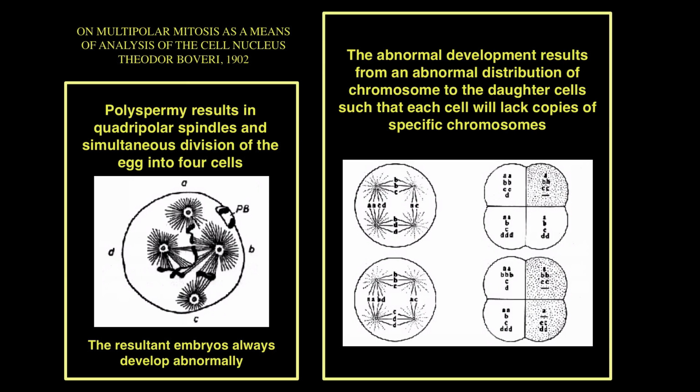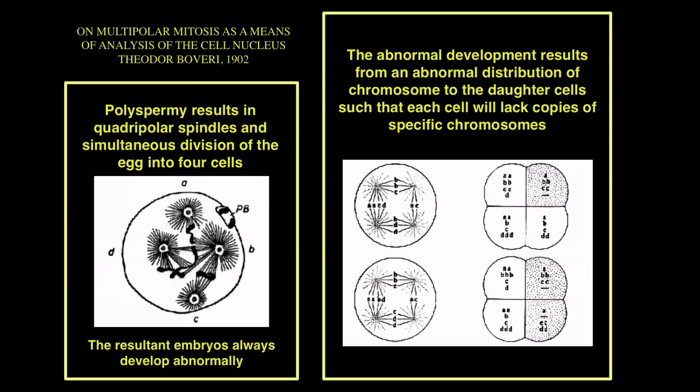And what Boveri realized was that when this embryo divided, you had 3 sets of genomes being captured by 4 mitotic spindles and dividing. What that meant was that you get different random combinations, but statistically, individual blastomeres would have to lack specific chromosomes.